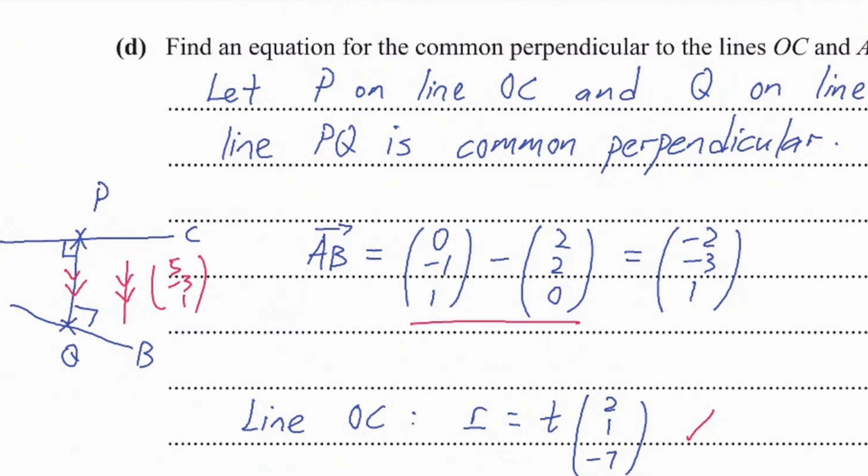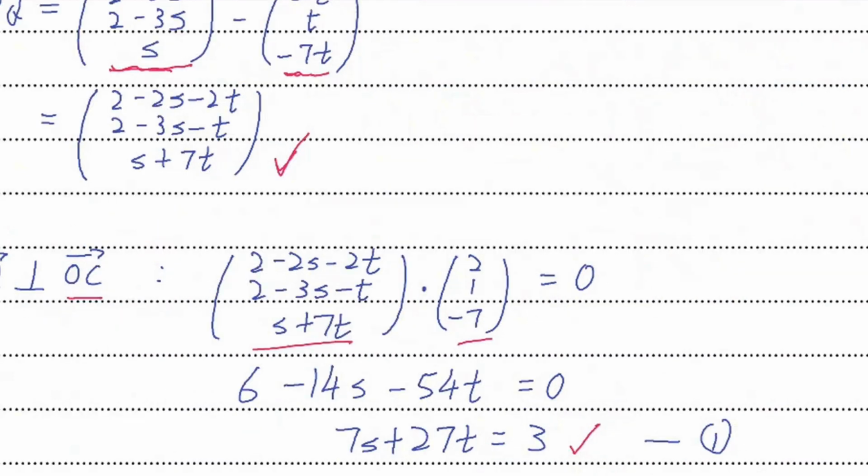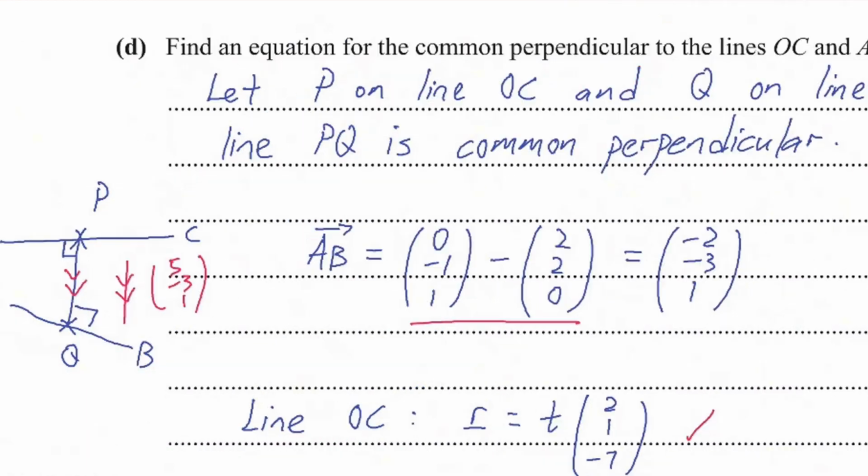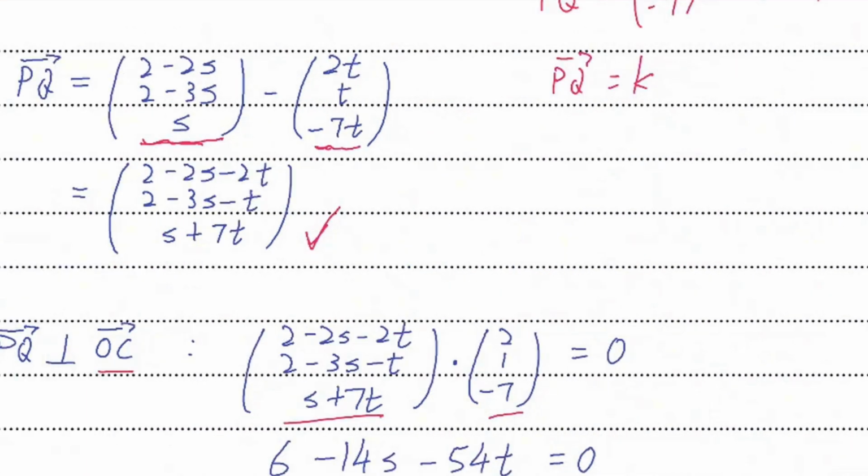In this case, if we don't want to use the dot product, we could also use the fact that PQ should be a multiple of 5, -3, 1. So you could solve simultaneously by equating PQ with k times 5, -3, 1.